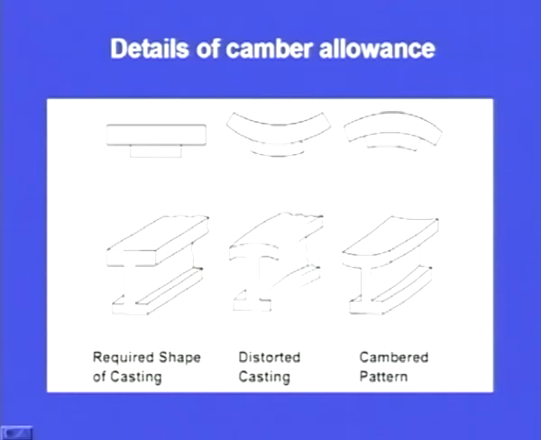So, this is the required casting geometry, this is the required casting shape, and if we do not give any camber allowance, this will be the final shape of the casting.